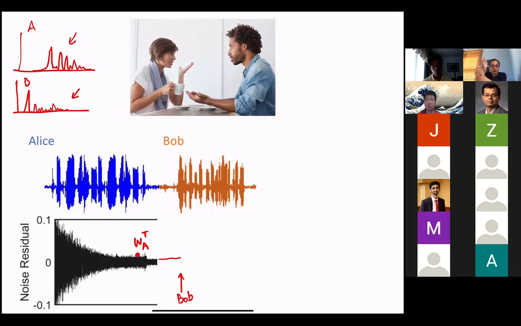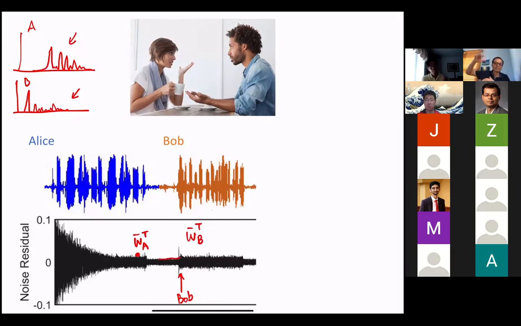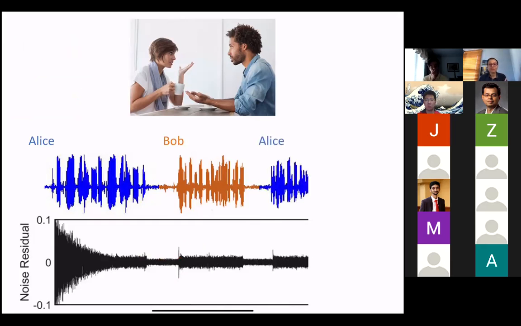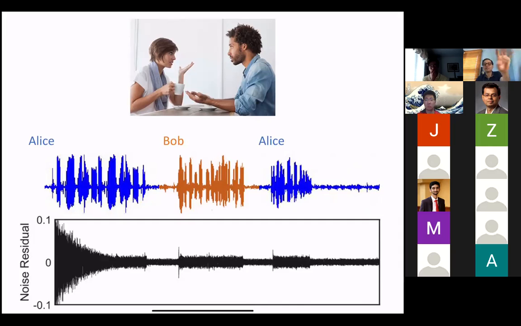At that time when Bob's signal arrived, you just apply Bob's WT that you had estimated beforehand. As a result, Bob's signal does not create that spike in EK, it stays small. And you can do that only because you are able to see the future and you know when the switch between Alice and Bob is going to happen.